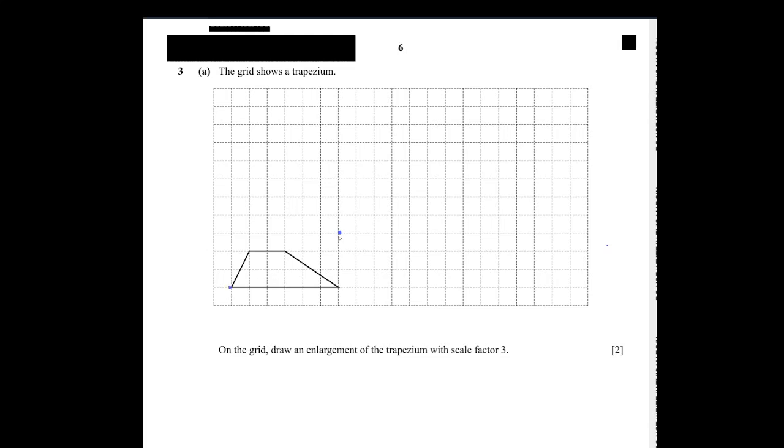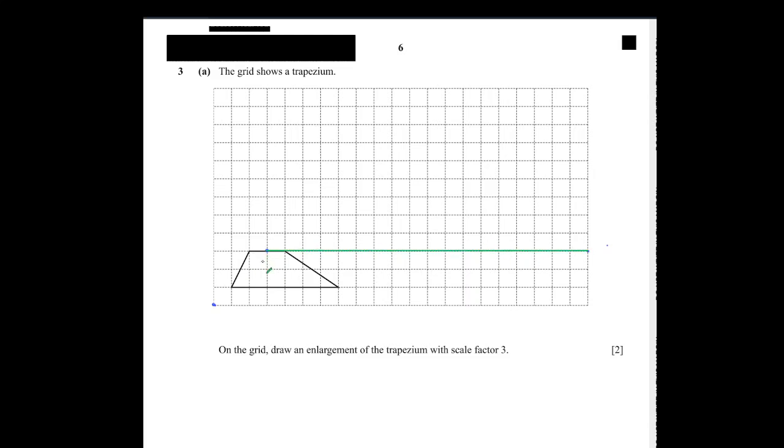From here, 1 2 3 4 5 6, so 6 times 3 is 18. Only 14 boxes are available, so you have to shift the center. Okay, so this is the center and we'll start from here. From here 1 2 3 4 5 6 7 8 9 10 11 12 13 14 15 16 17 18, till here your line should be.